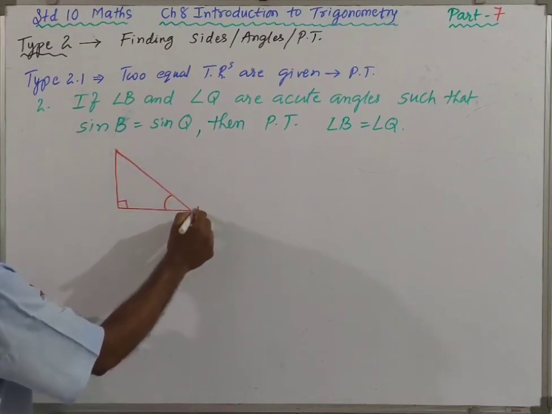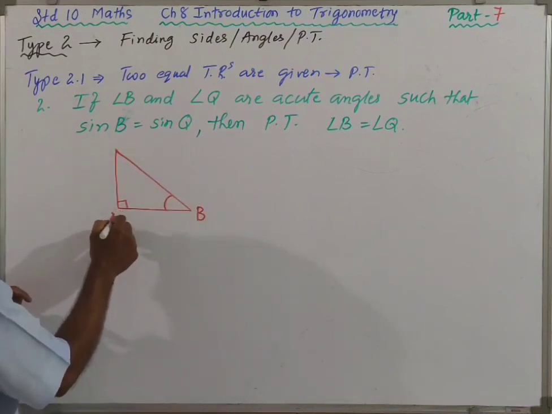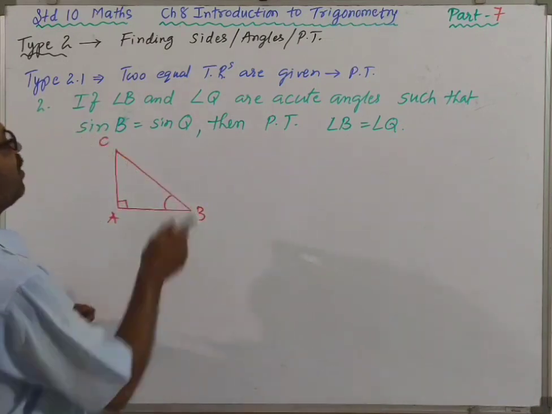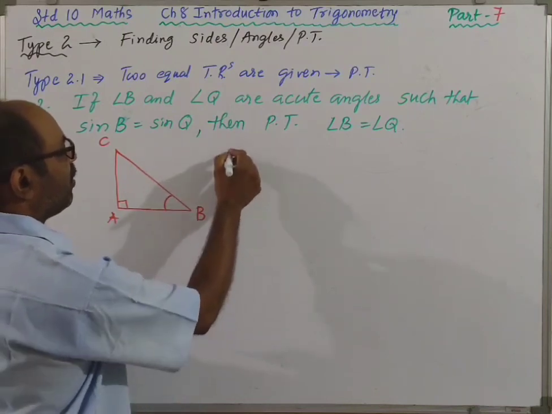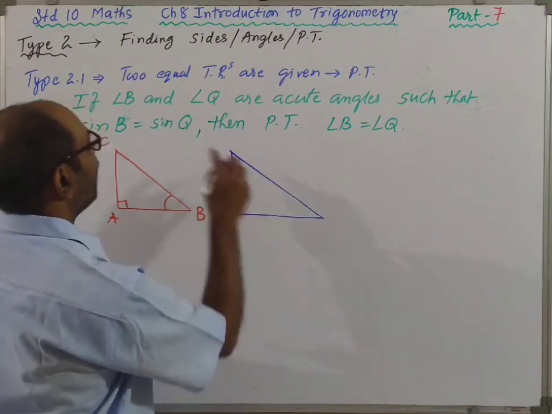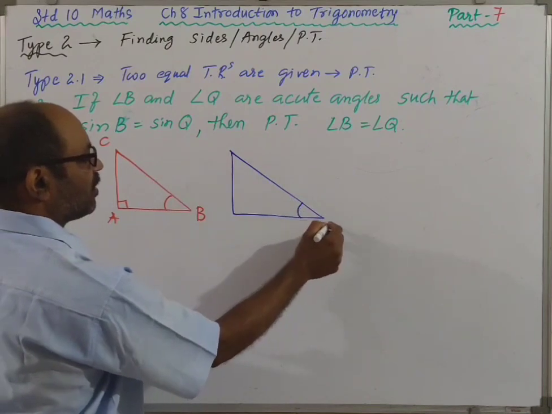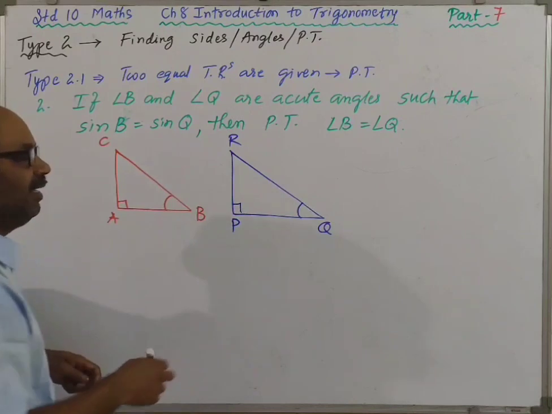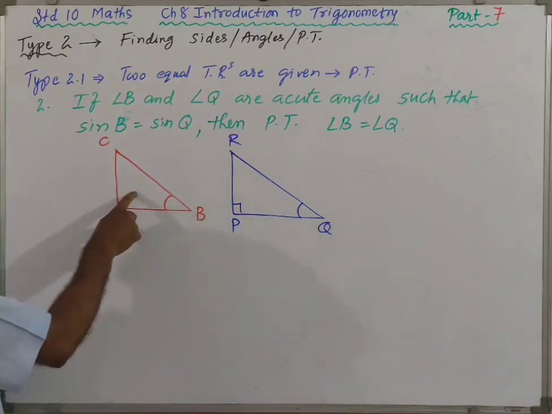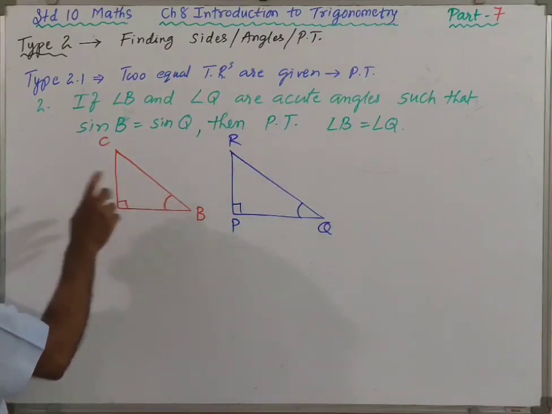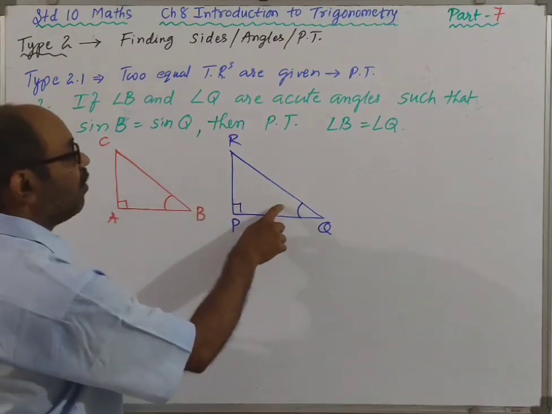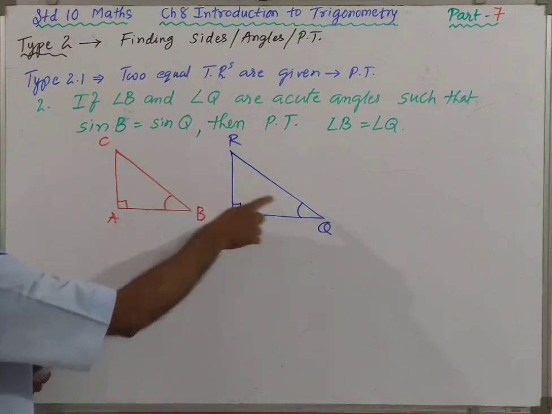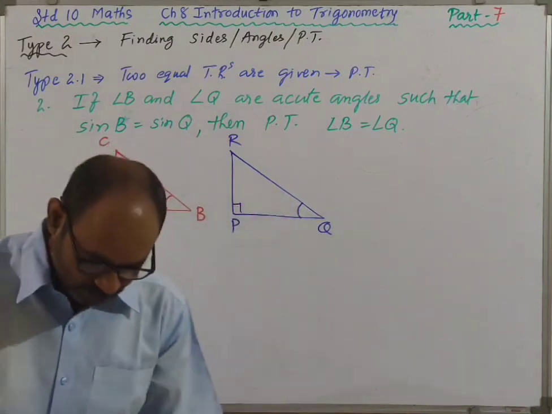This is angle B. Here it's Q. So let's draw another right triangle, and that acute angle is Q. Suppose this is Q, so P, Q, and R. Alright, so in this triangle, sine B is equal to, from this triangle, sine Q. And you have to show this angle is equal to angle Q.